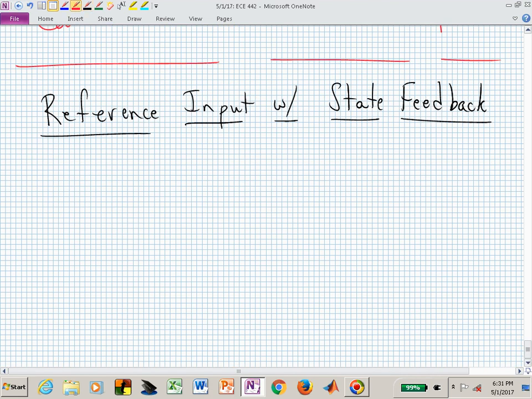Or another way of thinking of this is we could say tracking a reference input R of L. So if we had R of L at 2, we want to, in the steady state, be able to lock on to 2.